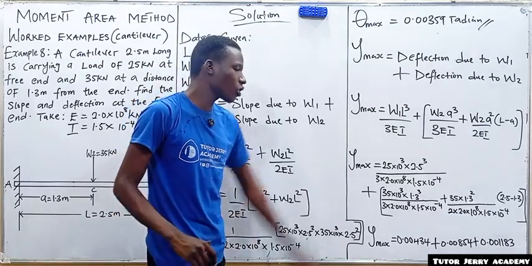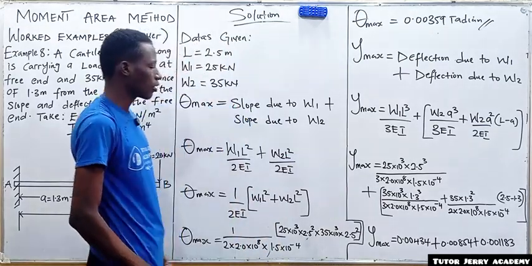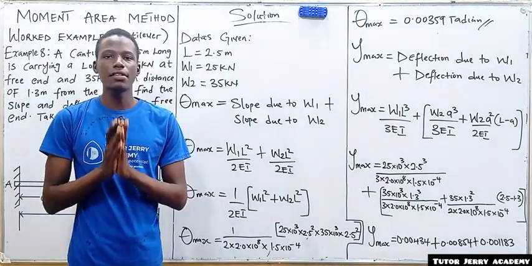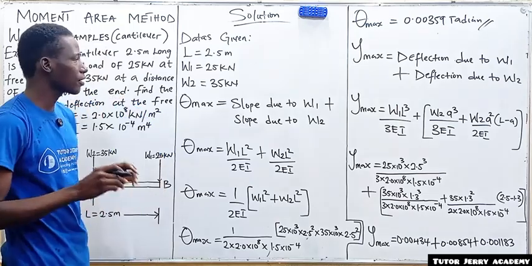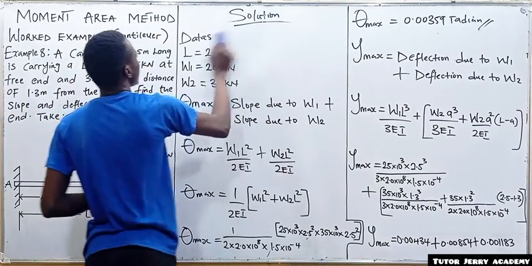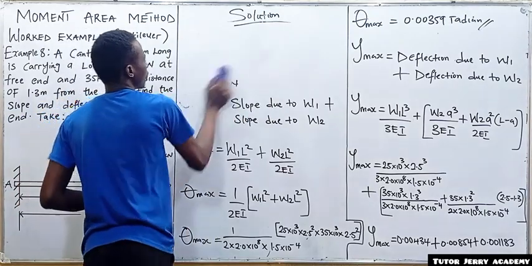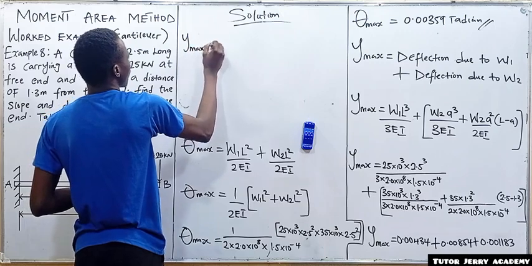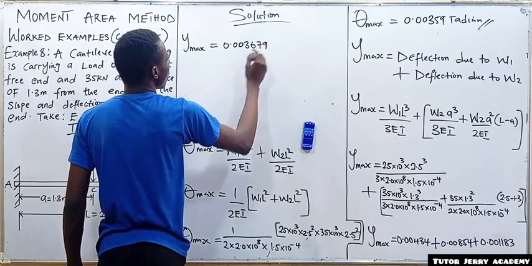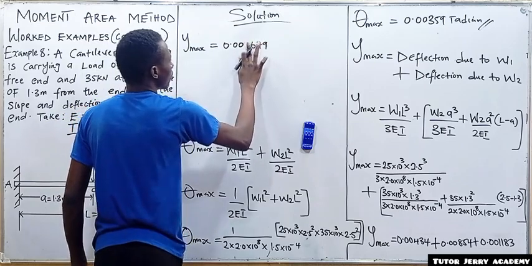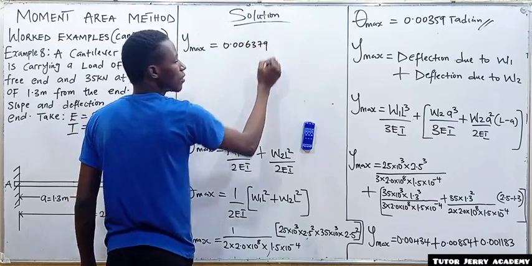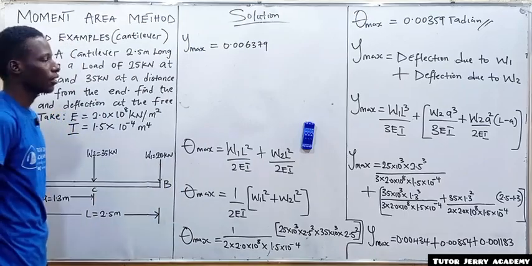If you sum all of these, we'll have 0.006379.